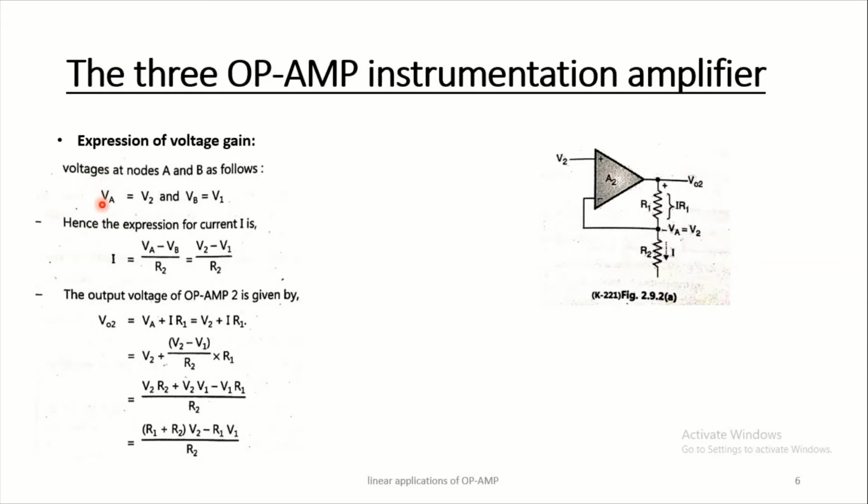We define 2 nodes, node A and node B. The voltage at node A is defined as VA and the voltage at node B is defined as VB. So VA is equal to V2 and VB is equal to V1.